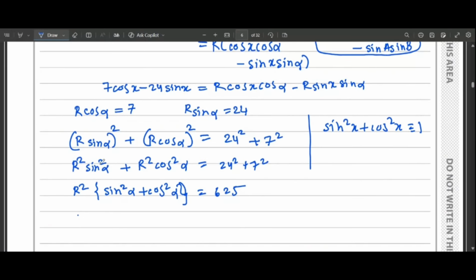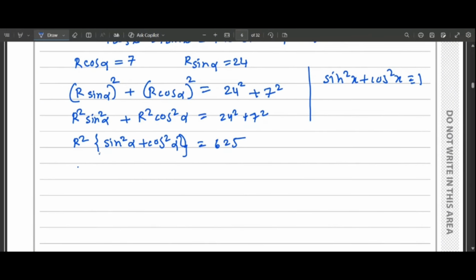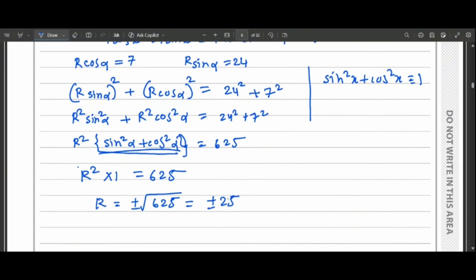We have the factor sin square alpha plus cos square alpha, and this term is equal to 1. So we can write r square into 1 equals 625. r equals plus minus root 625, which is plus minus 25. We already know that r is greater than 0, so r is equal to 25. So this is the value of r.